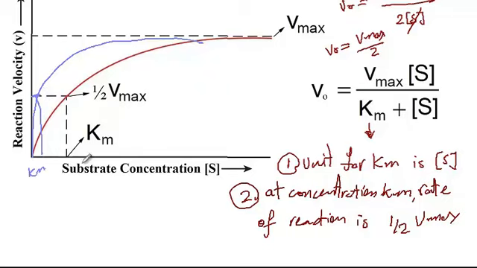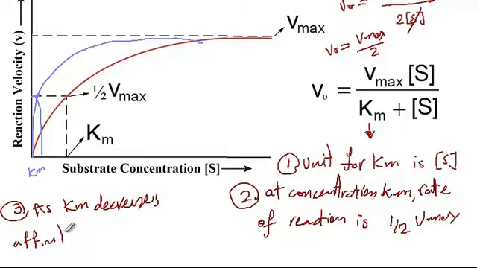So concept number 3: as Km decreases, the affinity of the enzyme for the substrate increases. And the reverse also applies. As Km increases, there is a decrease in affinity of the enzyme for the substrate.